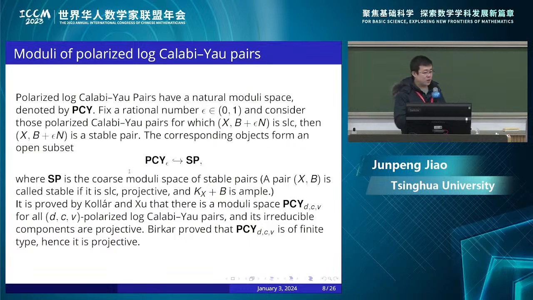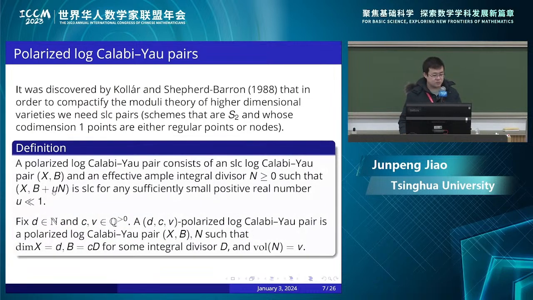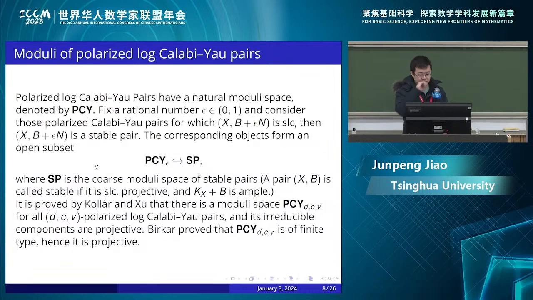In the definition of polarized log Calabi-Yau pairs, we only say there exists such an N, but here we fix this epsilon. So we have a submoduli space, which we denote by PCY_ε, and it is a locally closed subset of PCY.